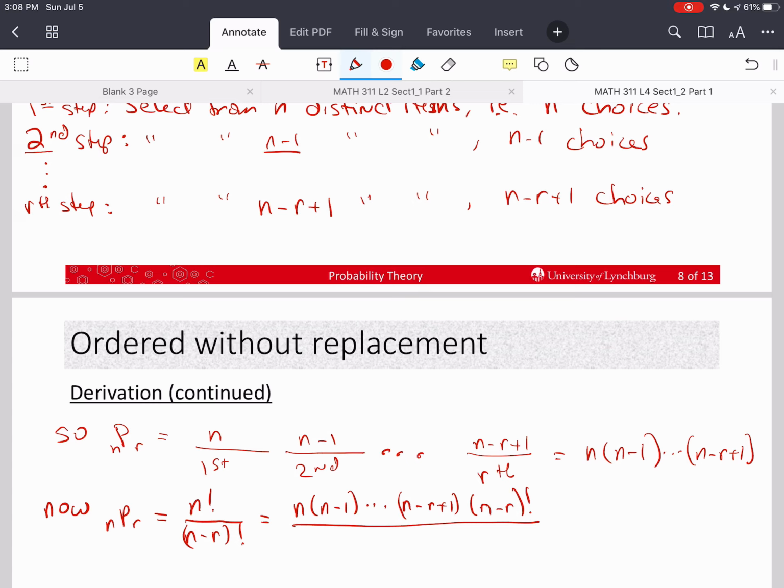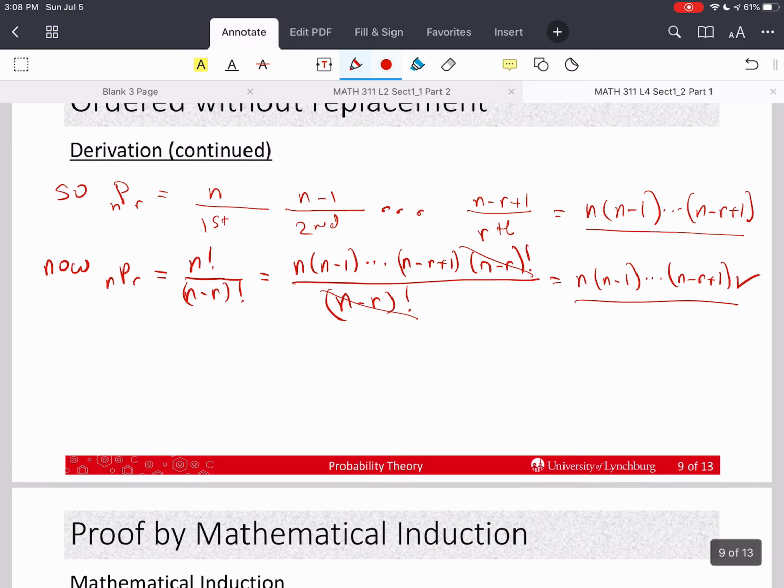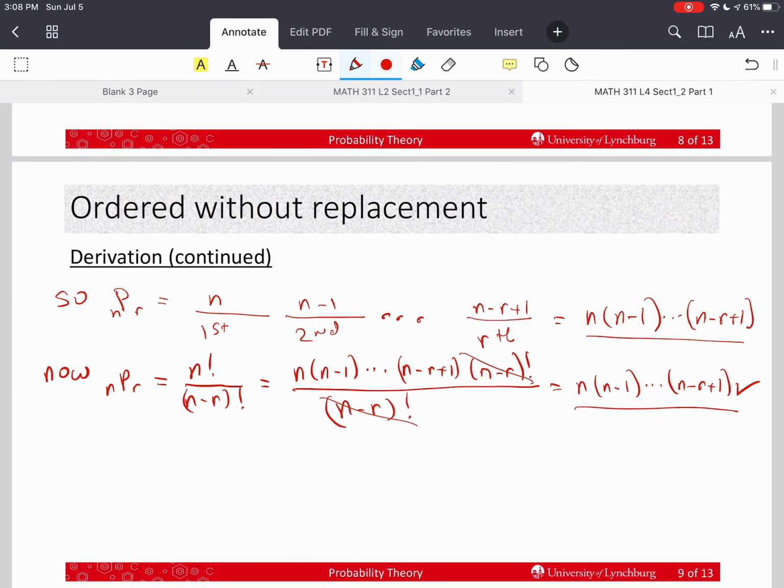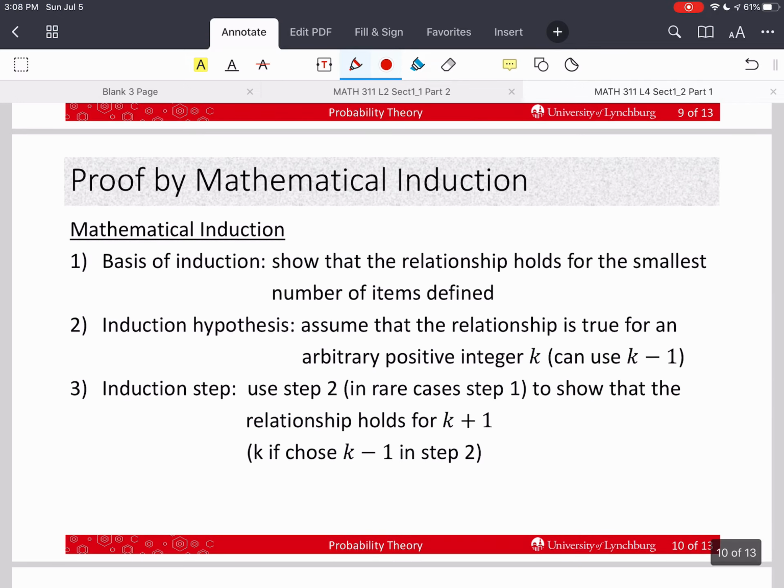Then we have N minus R factorial on the bottom. As you can see, we can cancel these out, and we're left with N, N minus 1, down to N minus R plus 1, which is what we had up here. So that derivation is how someone came up with this, and then they were clever enough to figure out the division so they could write it very neatly.